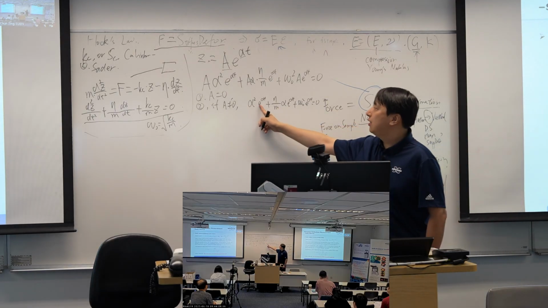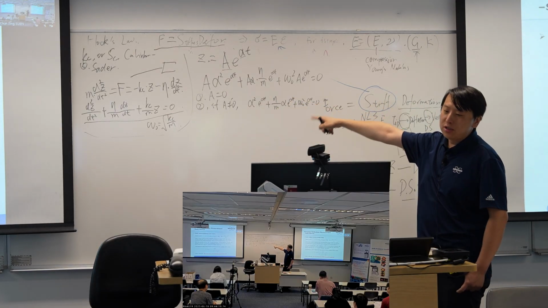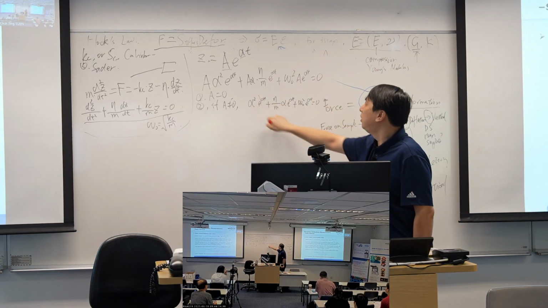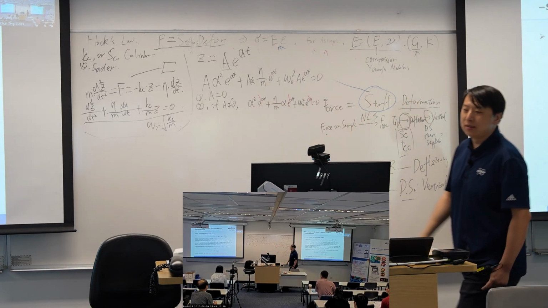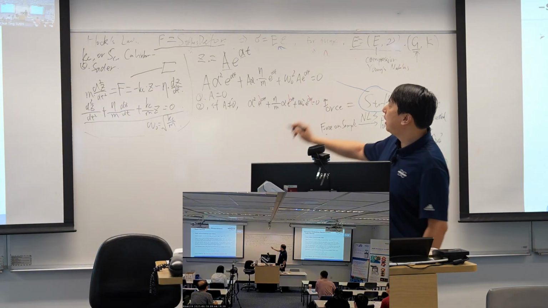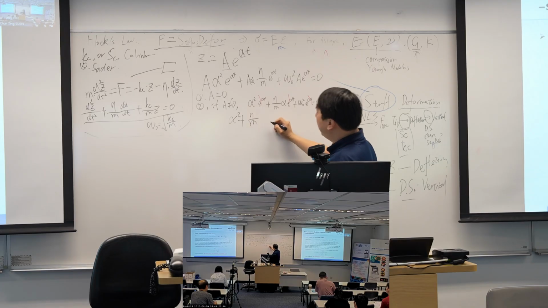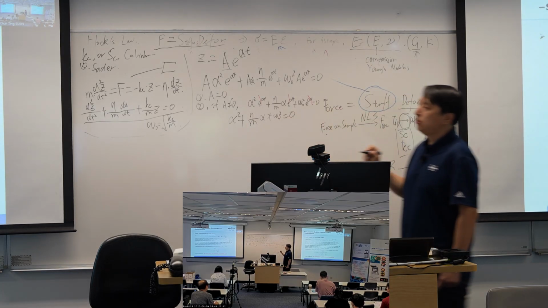Of course, the exponential function is not 0, so we can divide both sides by it. So finally, our equation is alpha squared plus eta over m alpha plus omega 0 squared equals 0.